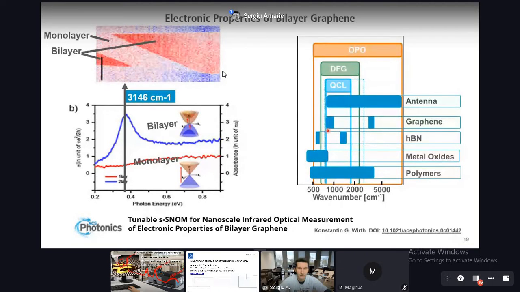That's still possible to realize with the laser that we'll introduce today. This laser, however, adds the possibility to run studies at wave numbers outside the QCL range. Wave numbers which are important for bilayer and multilayer graphene, as shown in this recent publication over here.